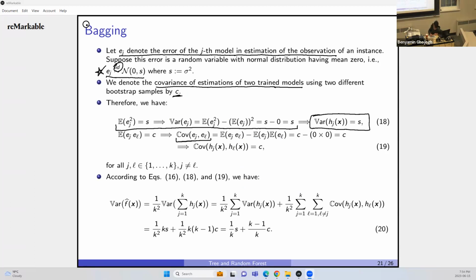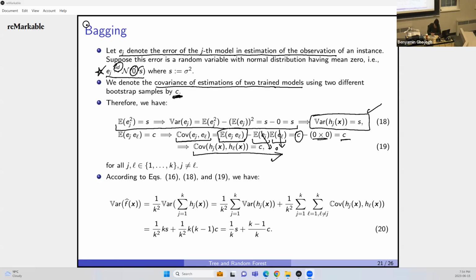The covariance is defined as expectation of EJ EL minus expectation of EJ, expectation of EL. Expectation of EJ EL is C, and expectation of EJ and expectation of EL are both 0 because we assumed that the mean of the noise errors of the models is 0. So it becomes C. The covariance of the two models is C. So the variance is S, the covariance is C.